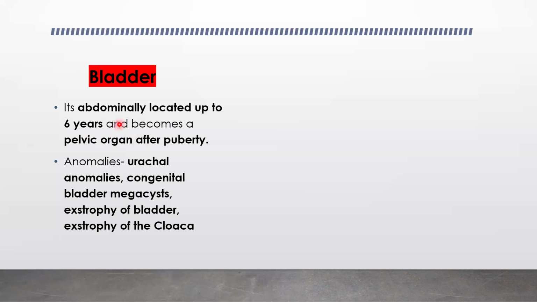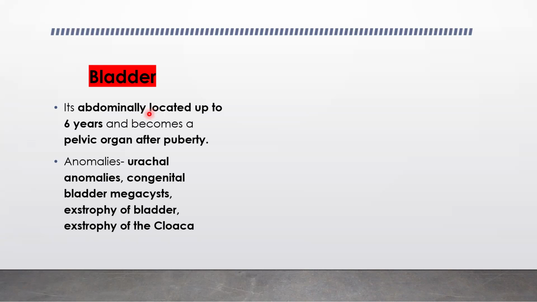So it's actually found abdominally, then as time goes by, it descends downwards. In a child who is about 3 or 4 years, when you're having the descent of the bladder, you'll appreciate that it's somewhat above the pelvic region. But that's something that is normal. Now if it remains present in the abdomen, it may be an anomaly.